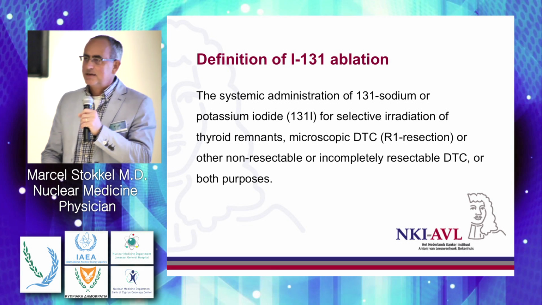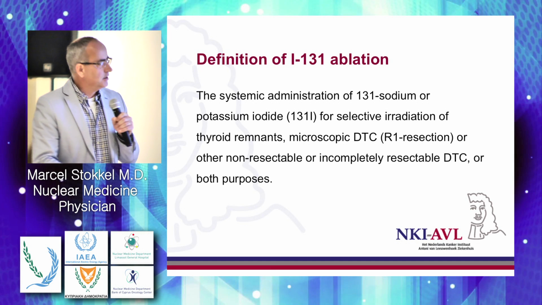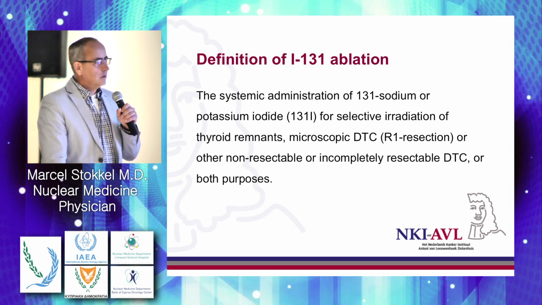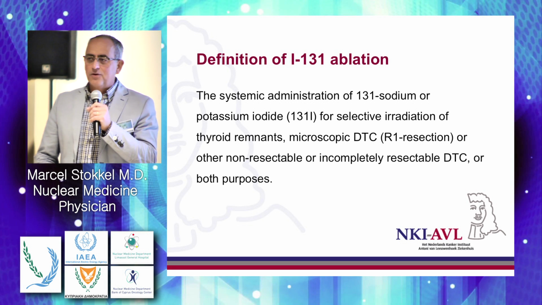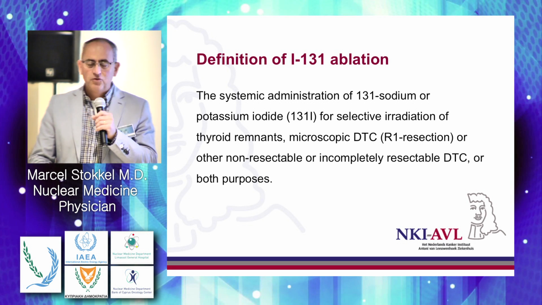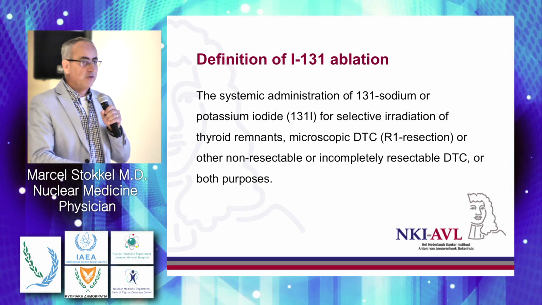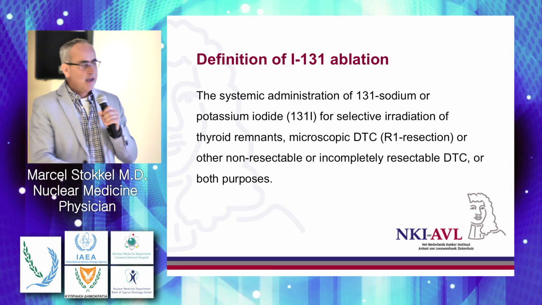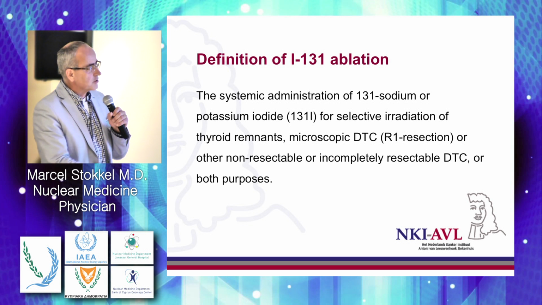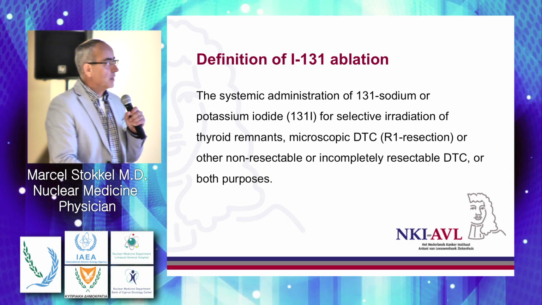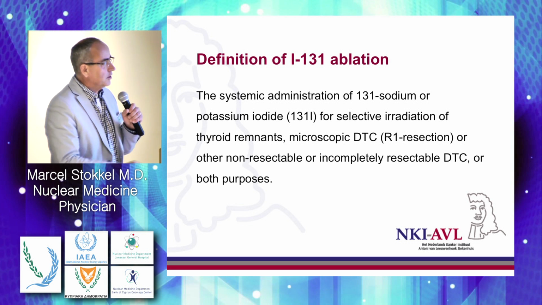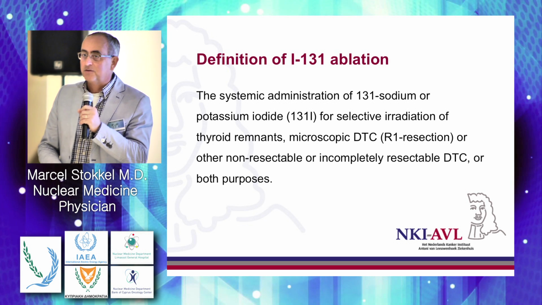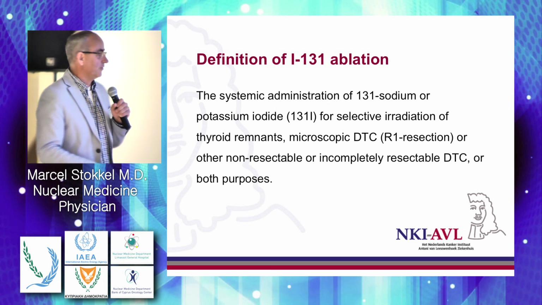And the question, and that is really a semantic question, is whether ablation really includes thyroid cancer treatment. In my opinion, if you talk about ablation, you talk about the selective irradiation of thyroid remnants, and when you are dealing with microscopic residual disease or other non-resectable disease, you're talking already about thyroid cancer treatment, and that's something completely different.